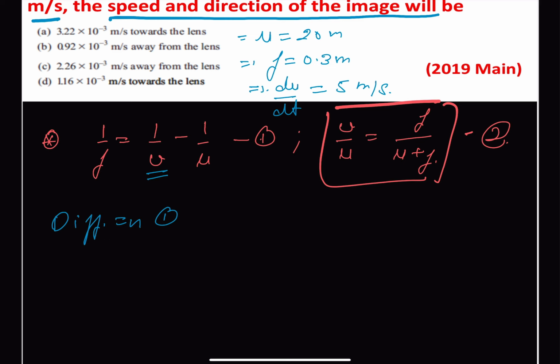Its focal length will be constant, so its derivative will be equal to 0. So we get this as 0 is equal to minus 1 upon v square dv by dt plus 1 upon u square and du by dt.